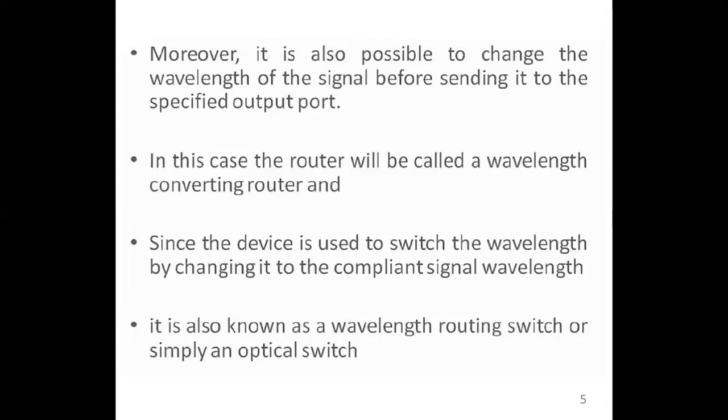Therefore, it is also possible to change the wavelength of the signal before sending it. However, in that case, we need to use a device which is known as a wavelength converter. So when we use a wavelength converter, you can change a wavelength, let's say lambda 1 to lambda 2, and the wavelength continuity constraint can be removed, so to say.